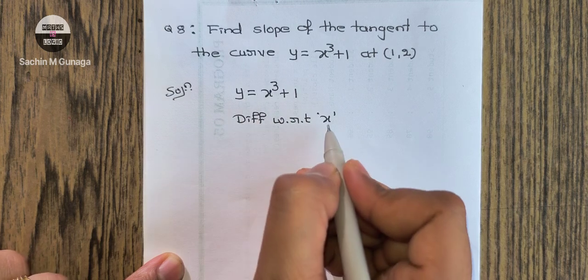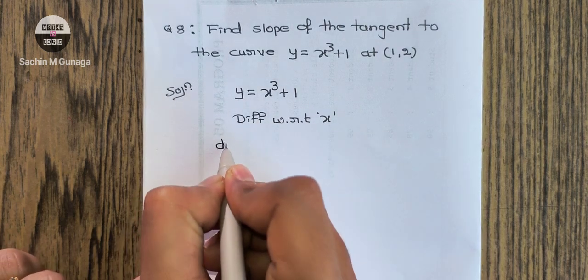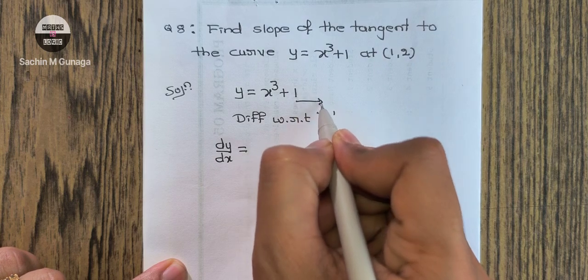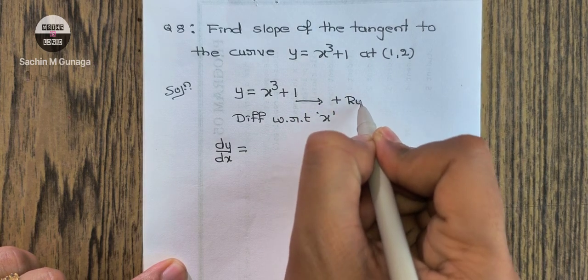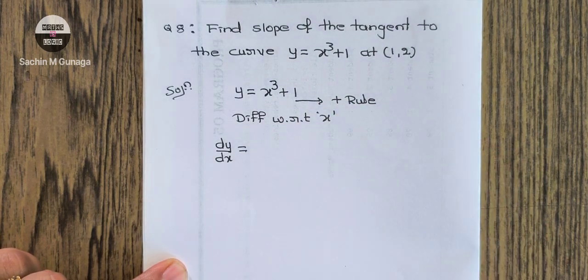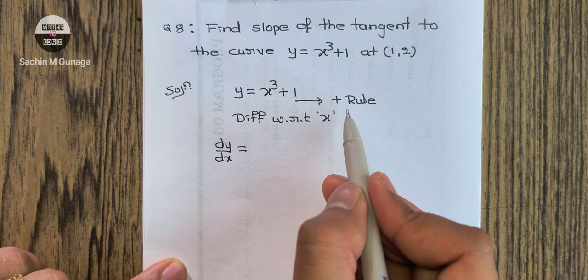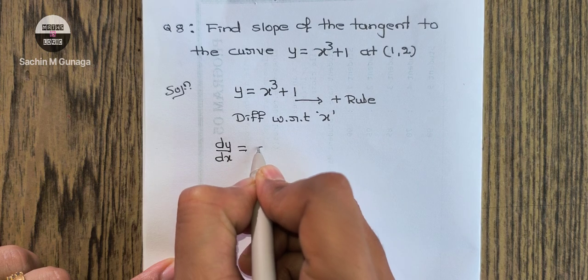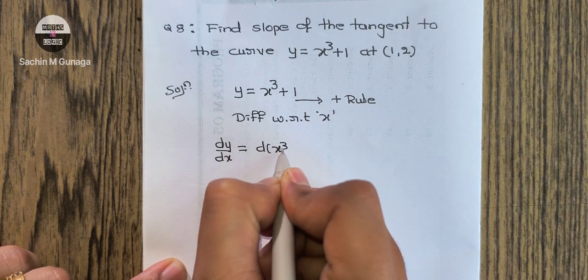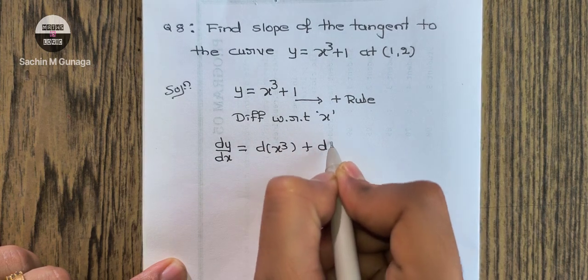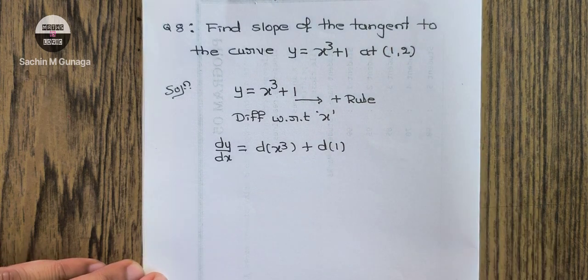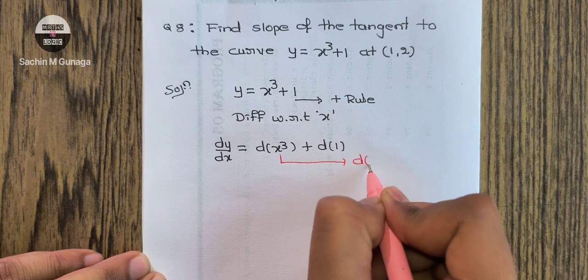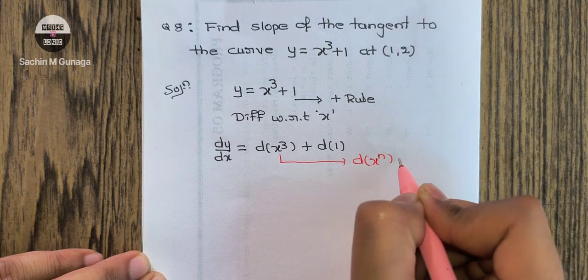So again y differentiation with respect to x is dy divided by dx is equals to, again here two terms are there, in between two terms plus sign is there, so we are going to apply plus rule. That plus rule tells both the terms we need to do the differentiation. Therefore that is differentiation of x cube plus differentiation of what here? 1. So we know here for x cube, differentiation of x power n.